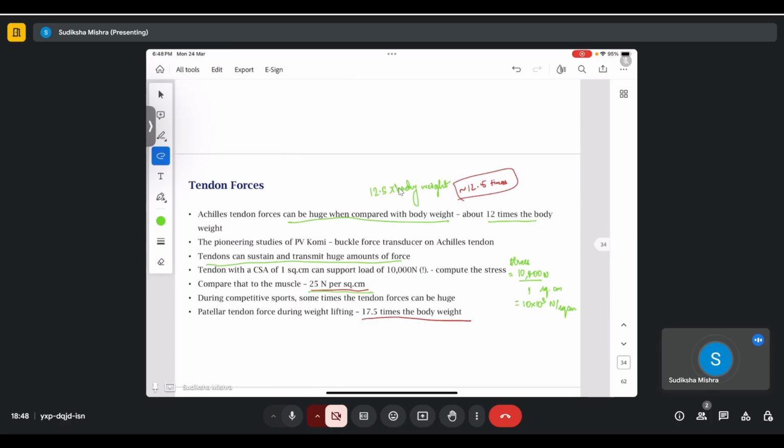In a muscle, the stresses are in the range of 25 newtons per square centimeter.